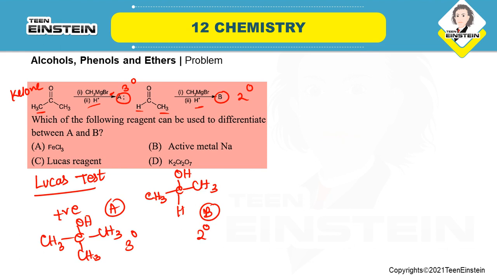Lucas reagent we can use to differentiate between these two, because 3 degree will give the positive observation for this test very quickly, but 2 degree will take some time. So depending on that we can understand what the nature of this alcohol will be.